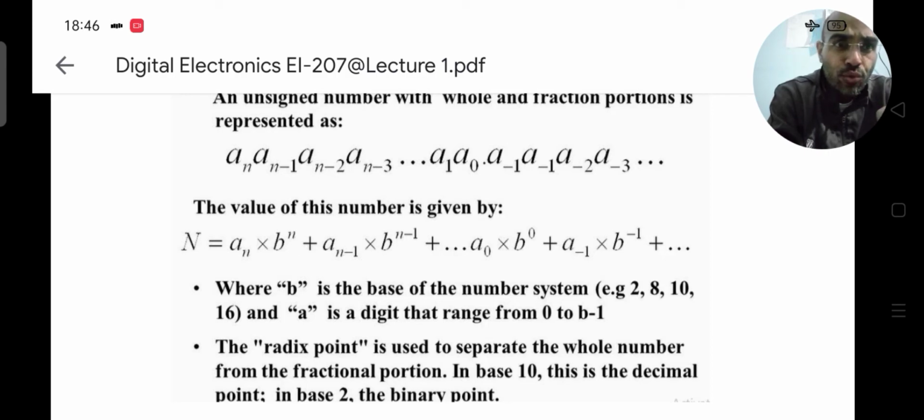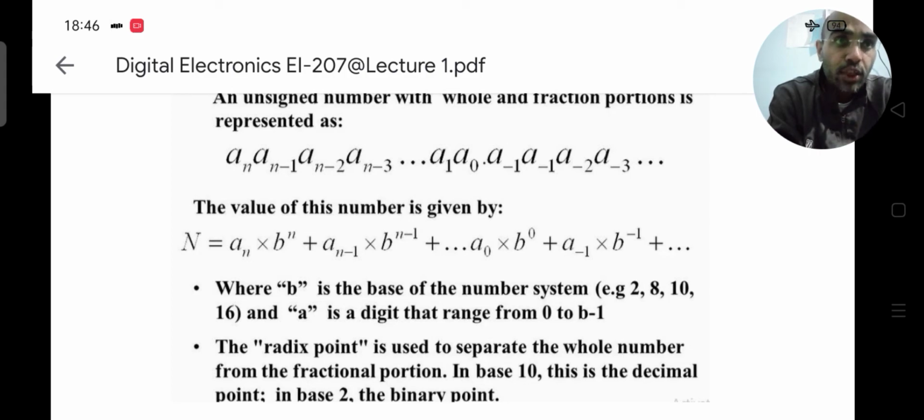Now if you have to represent this number in the given number system, you have to multiply the face value of the digit with the place value of the digit.